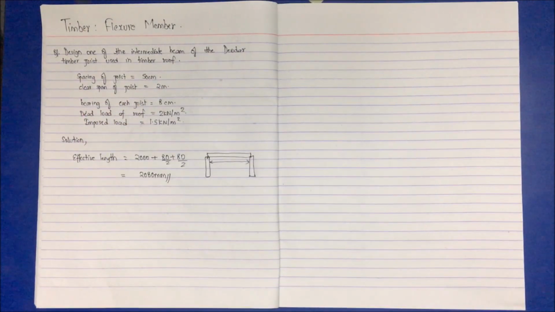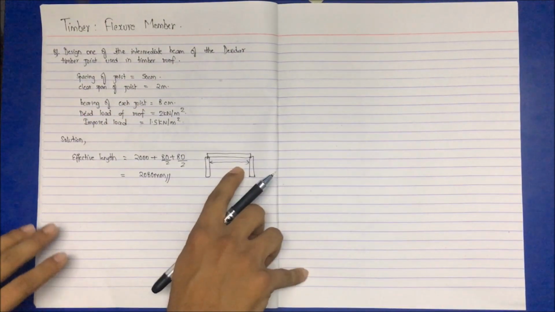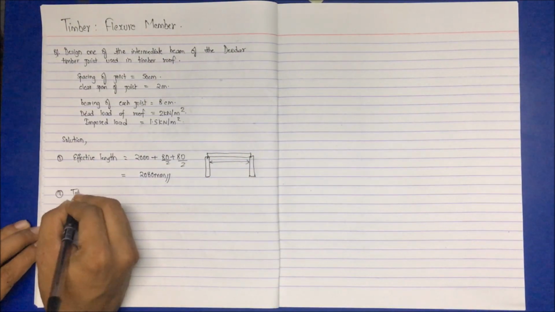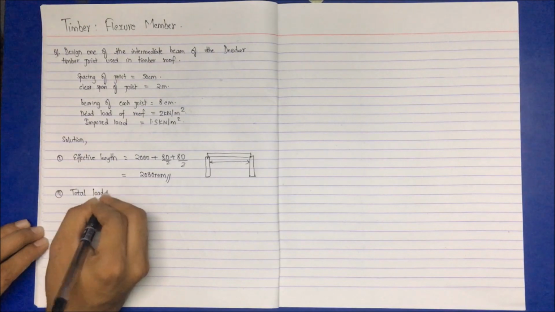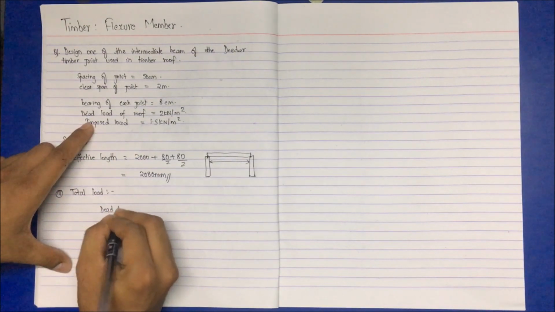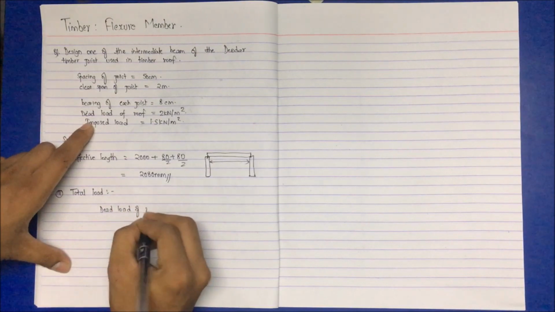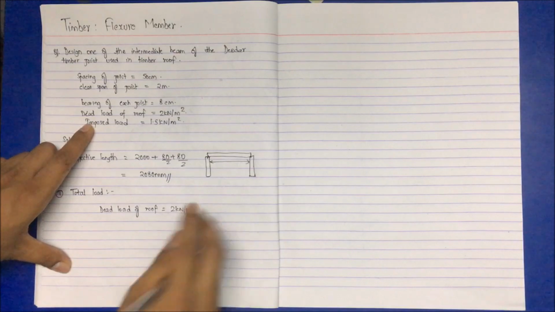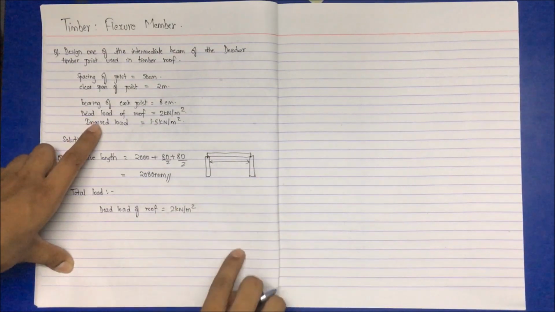Now we have to calculate the total load acting on this member. The very first step is to calculate effective length. Second step is to calculate total load. You are provided with the dead load of the roof as 2 kilonewton per meter square. This is throughout the area.